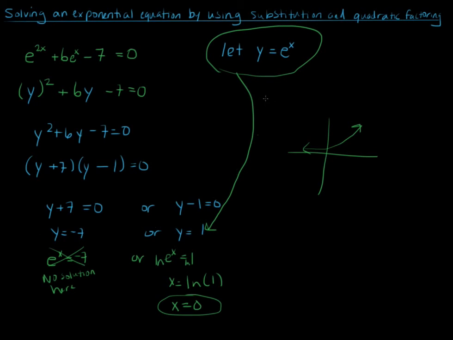That's really a key step, because if you put in your answers as -7 or 1, those are absolutely going to be wrong, because the answer is actually that e to the x equals -7 or e to the x equals 1. Make sure that you do that so that you can find the real answers, which are, in this case, no solution and 0. So in the end, just 0.